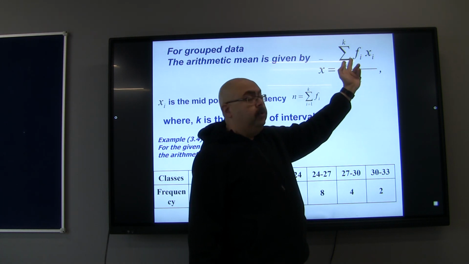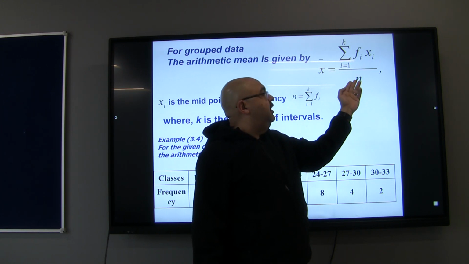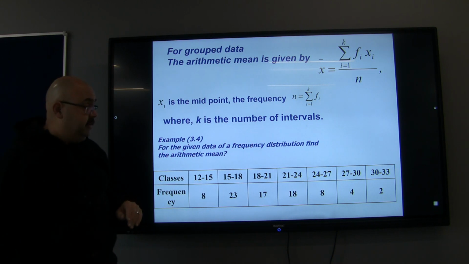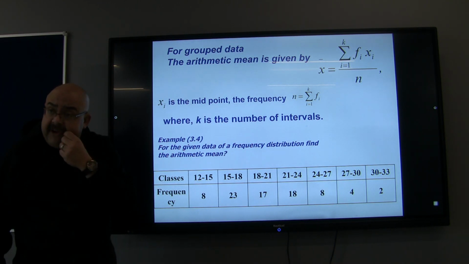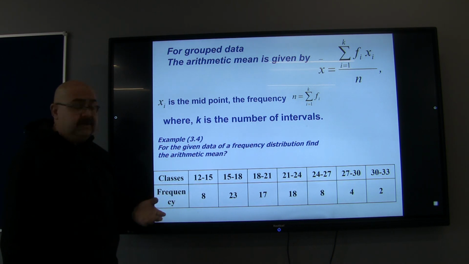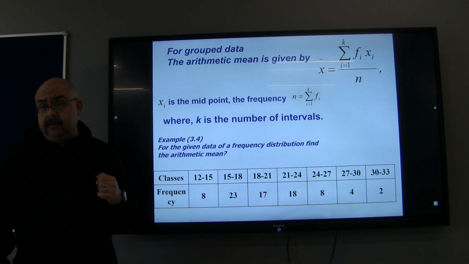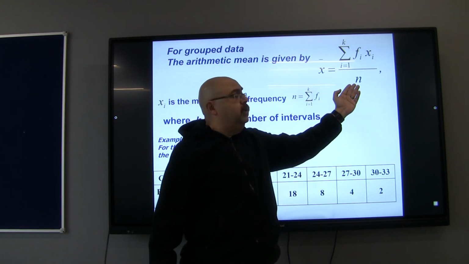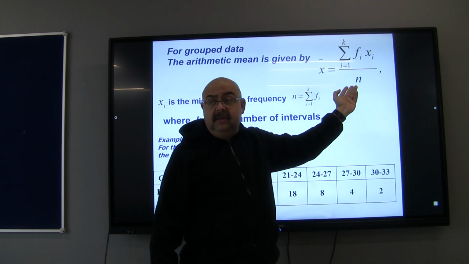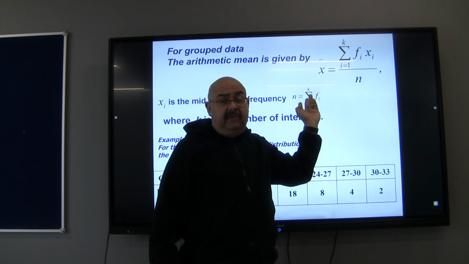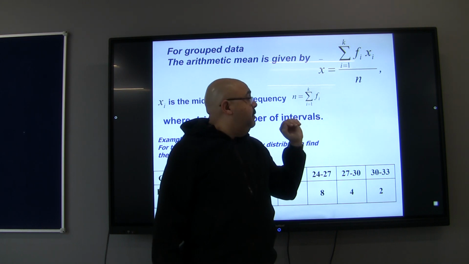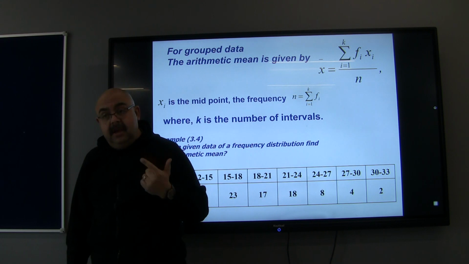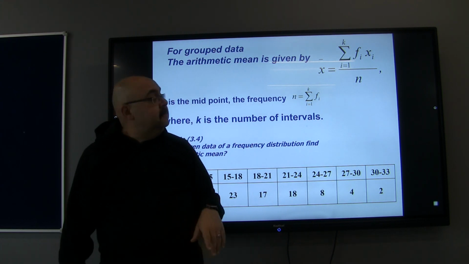Once you get the sum of all of these quantities, we will divide it by the total number of observations, and this way we can find simply the arithmetic mean for this distribution. Remark that the sum of all frequencies always will equal the sample size. And this is a place where an MCQ question may arise for you. Once more, the sum of all frequencies equals the sample size.